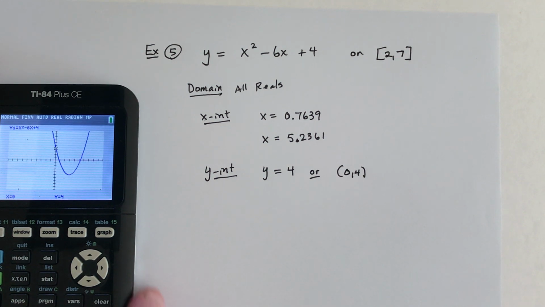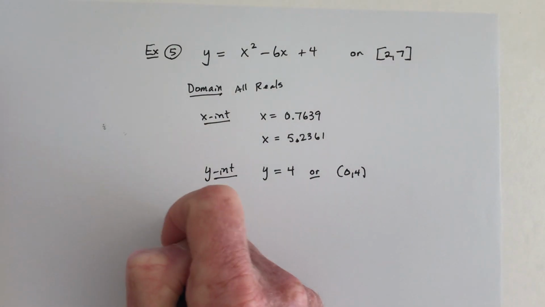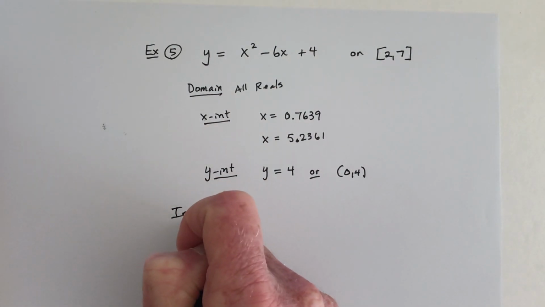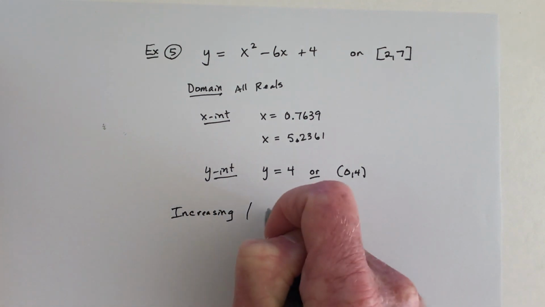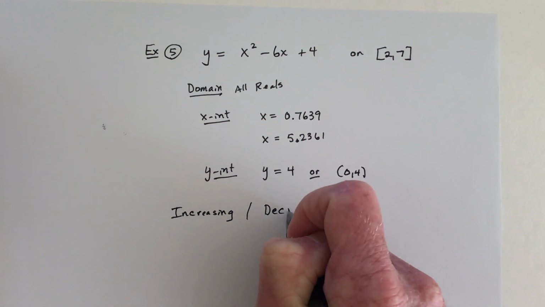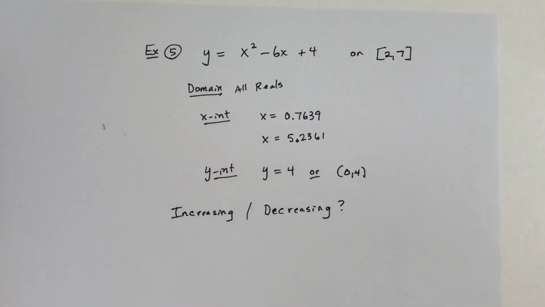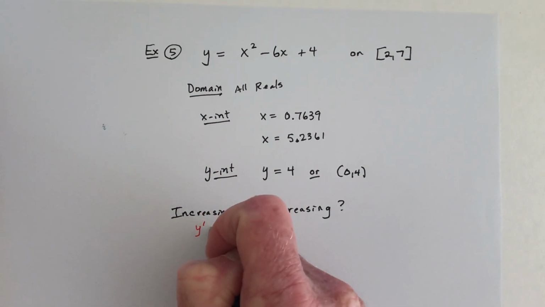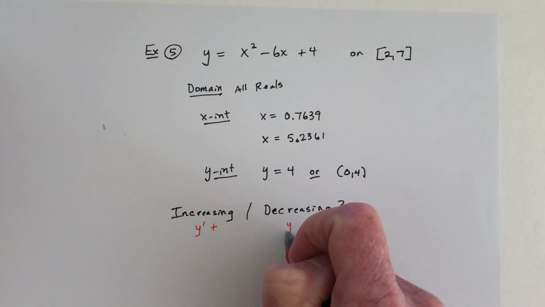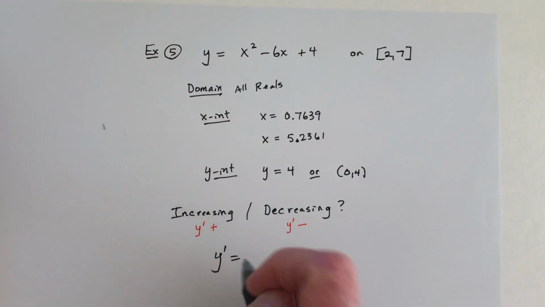Now on to the calculus part. So where's the function increasing? And where's the function decreasing? So increasing means that the derivative is positive. Decreasing means the derivative is negative. So we definitely need to use the derivative. Y prime equals.